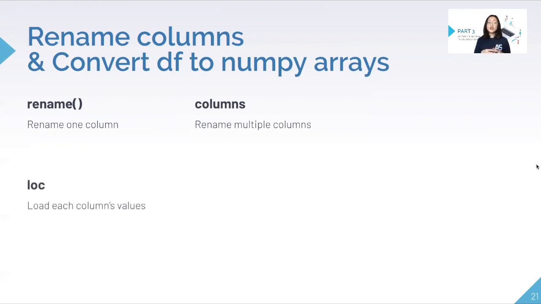And then loc is to load each column's values. I'm gonna explain it and you'll understand it more when we work through the data set together. And values is to convert the Pandas library DF data frame to the NumPy array, also with the alias of NP.